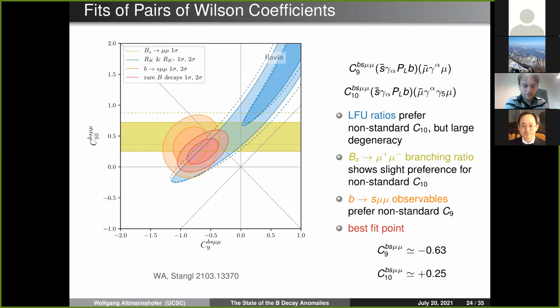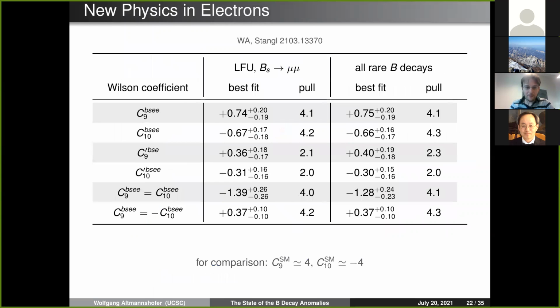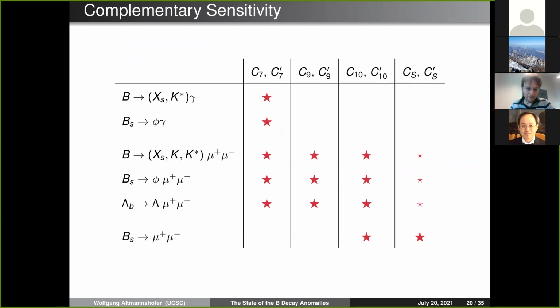So did you include all this? I mean, how many data points did you use to get this? I forget the precise number, but it's something around 100 measurements. Counting the individual bins, it's around 100. So there are all those processes.